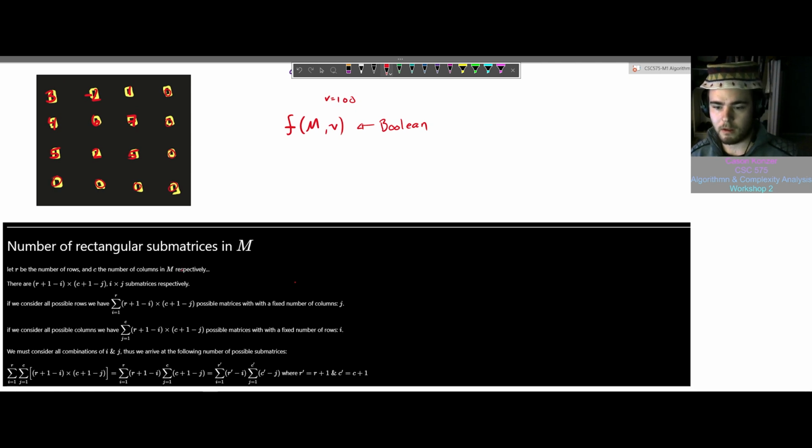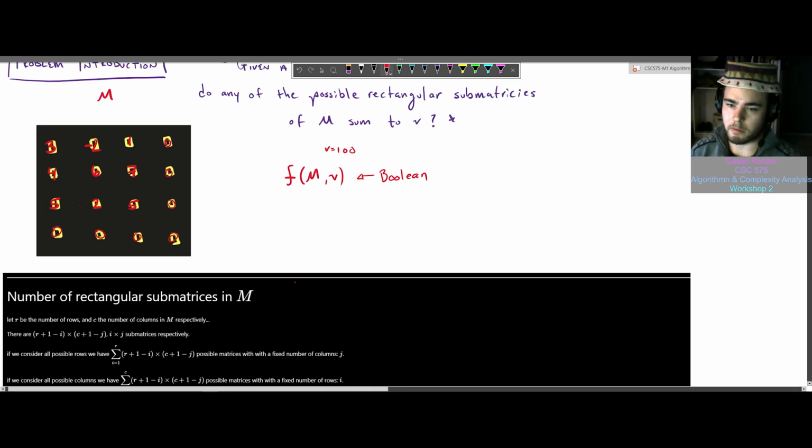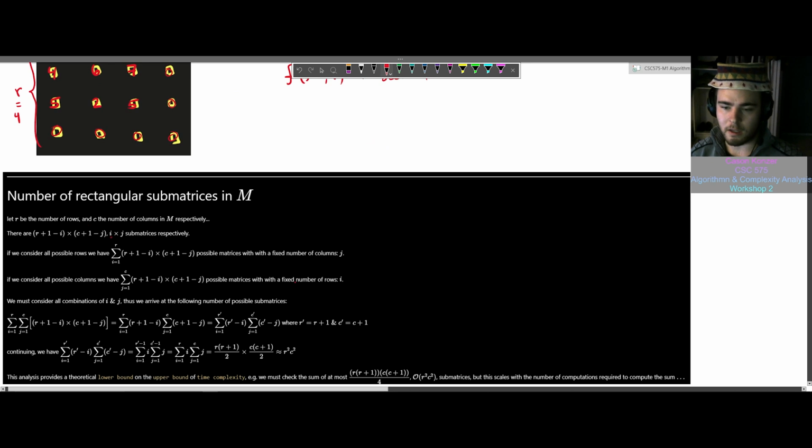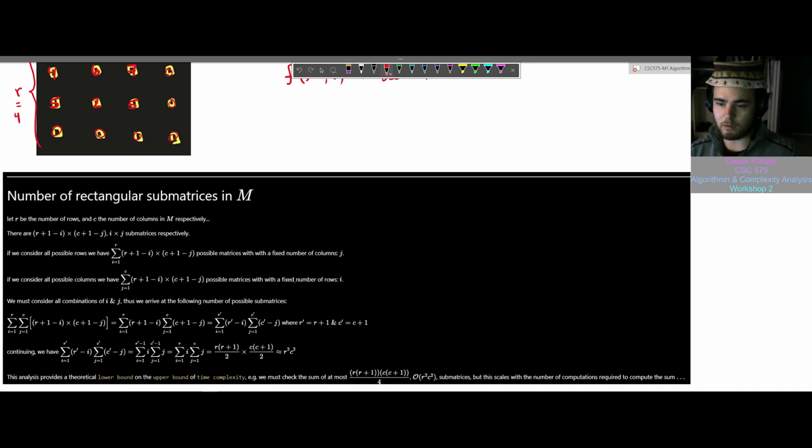So if I said here, and just to clarify here, R is the number of rows here, and this will be common, C is the number of columns. In both cases, R and C are 4 in this example. And an I by J submatrix is telling you there are I rows and J columns in that submatrix.